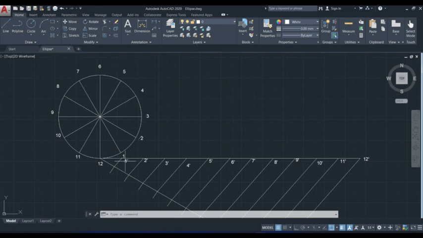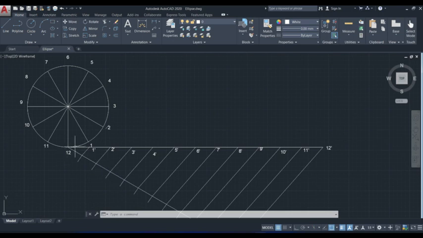Next we have to draw lines parallel to this base line or directing line, connecting through points on the circle.